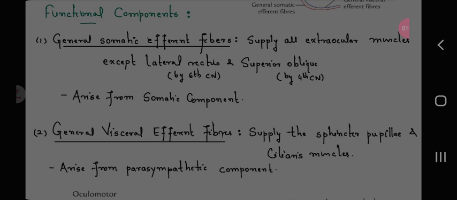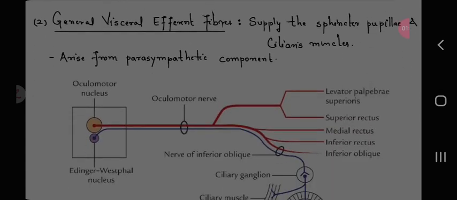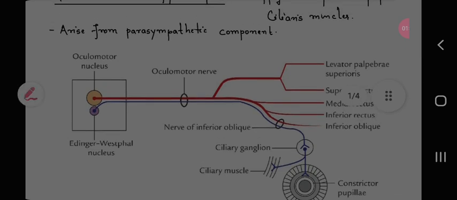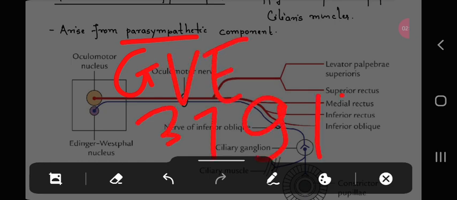General visceral efferent 3, 7, 9, 10 supplies the sphincter pupillae and ciliaris muscle via the ciliary ganglion. It arises from the parasympathetic component, and the parasympathetic components are the GVE column, those are 3, 7, 9 and 10.